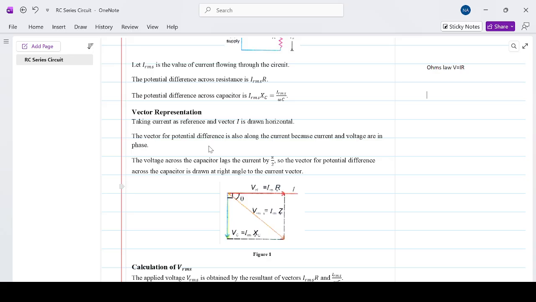For the present case, we take current as a reference.